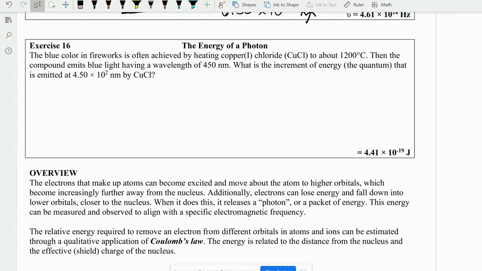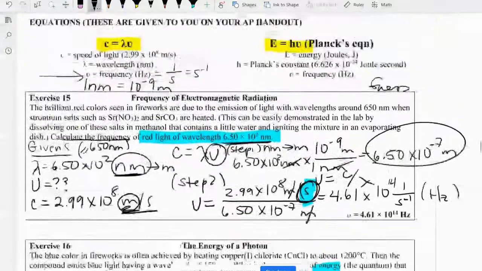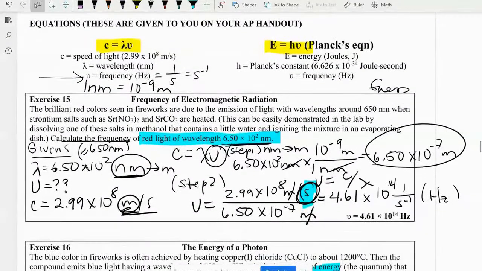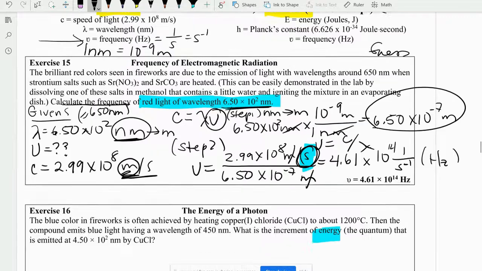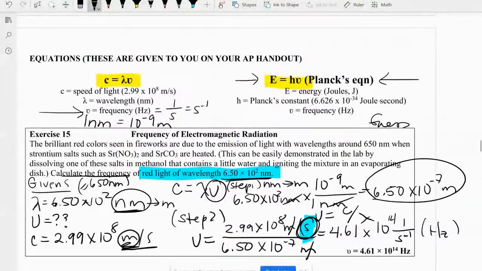As I'm reading this, I noticed that the last sentence is asking, what is the increment of energy? If I go back up to my 2 equations that I've been given for this part of the unit, it looks like I will be using Planck's equation. E, in fact, stands for energy. However, there is a circumstance where I'll probably have to use both equations.